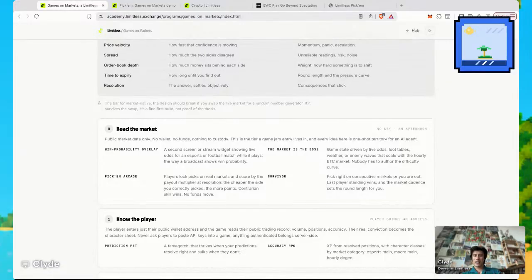An interesting one, of course, is you could have some kind of overlaid widgets in your games that show you live odds, maybe in-game odds of any kind of esports or football matches while it's being played. I'd be really curious to see somebody build widgets on top of fighting games, not just shooters, that have a huge following.